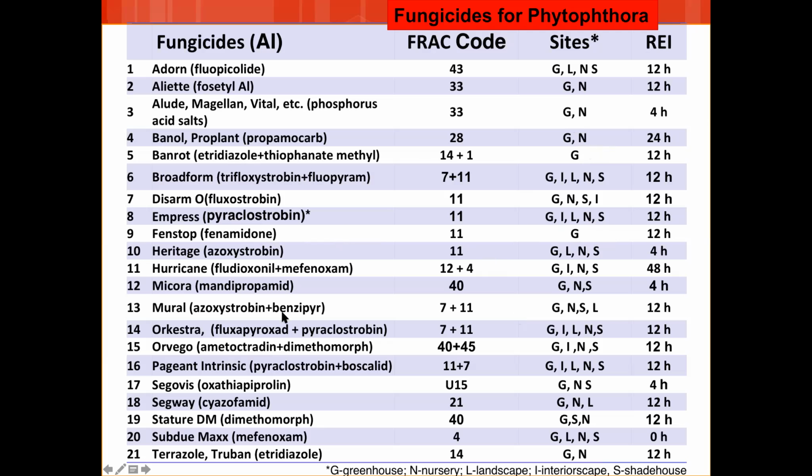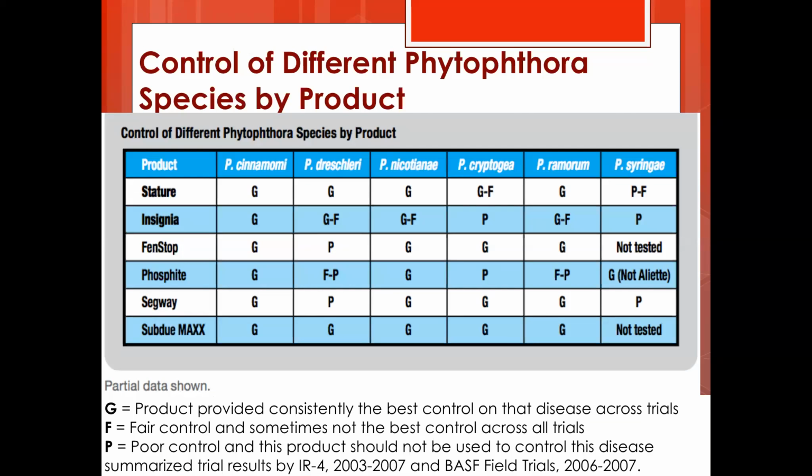So here we have the list. We will be sharing this with you if you so desire. One of the things about Phytophthoras, which to me as a plant pathologist is fascinating, and for those of you who are growers or arborists will probably find maddening, is how differently they respond. And this shouldn't be a surprise, because we wouldn't expect a Chihuahua to act the same way as a Husky, a Great Dane, or a wolf, but all of them are considered in the genus Canis.